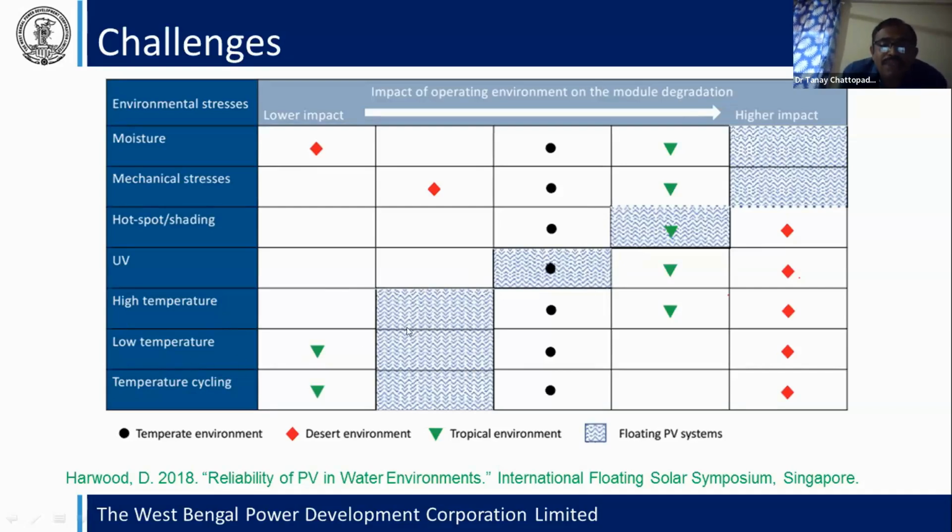And the low temperature effect in our climate scenario in India, very low temperature below 0 degrees, does not happen in places like West Bengal, Bihar, or Gujarat, or other places. And temperature cycling, no disruption of the temperature, that is, the temperature difference is not great enough that micro cracks can develop on the solar panel. So these are the challenges.